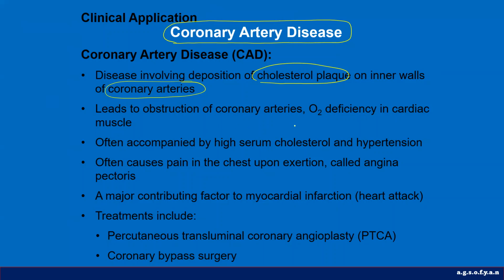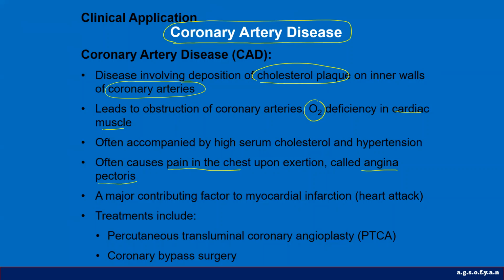These obstructions will cause oxygen deficiency in the cardiac muscle. And if there is no oxygen, then there will be no contraction of the cardiac muscles. This often causes pain in the chest, called angina pectoris, so chest pain.